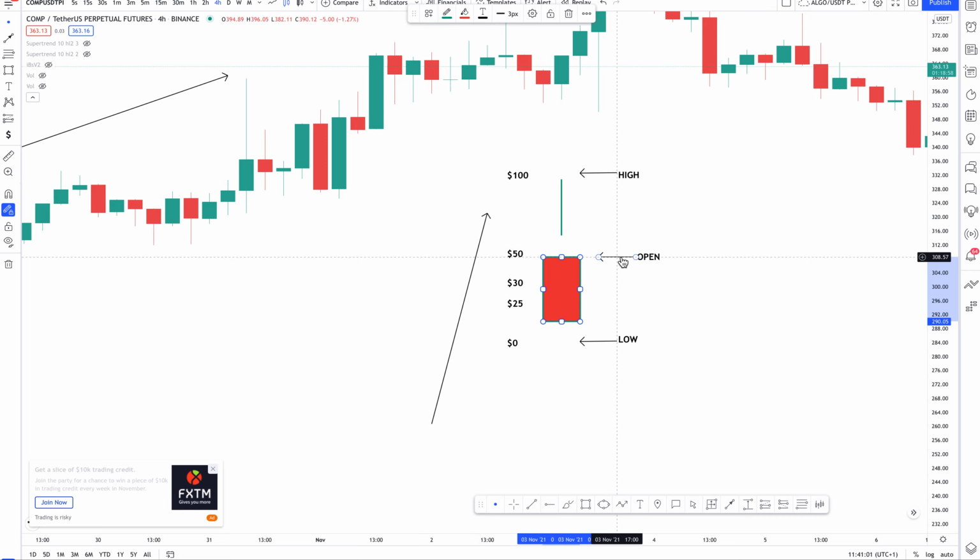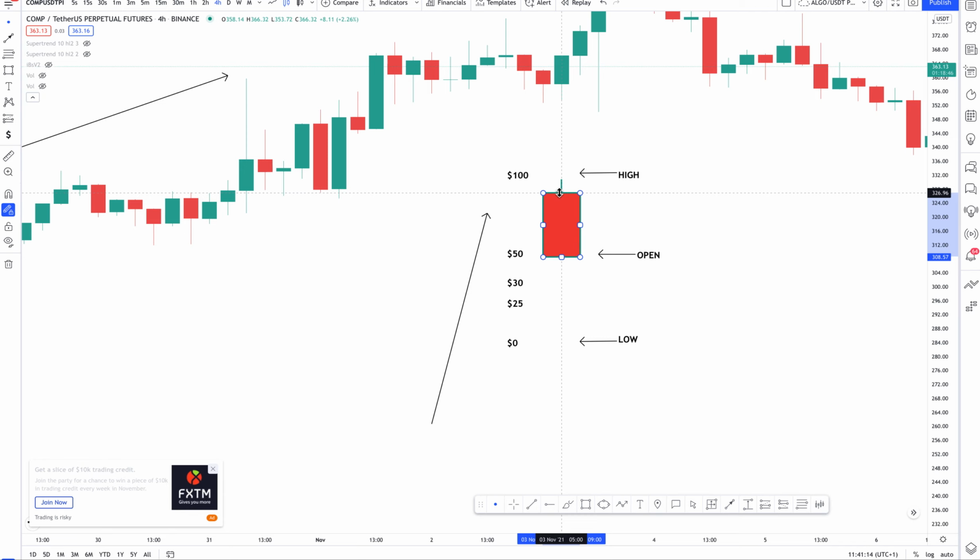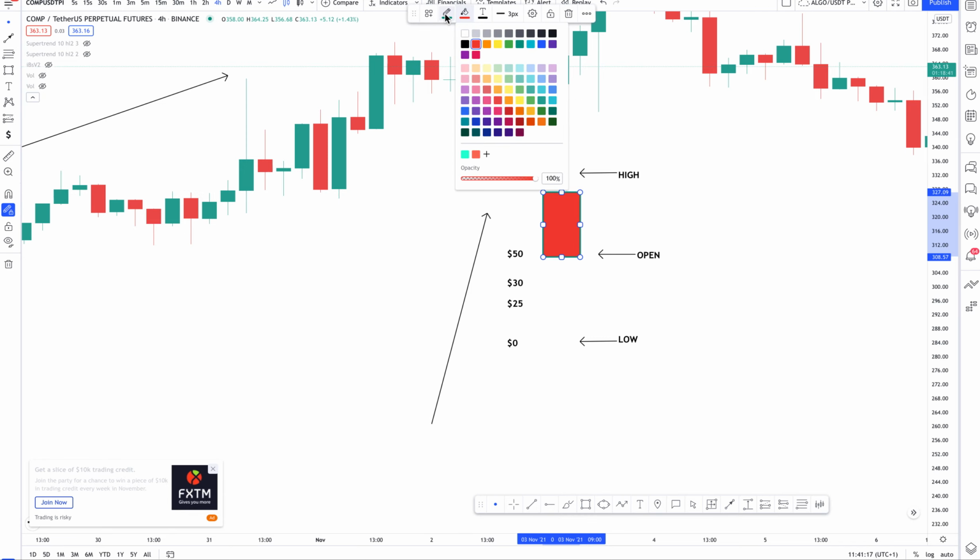Why? Price opened at $50. Okay, price opened at $50. That was where price opened. Price opened at $50 and went up to $100. And when price did that, it was all green.